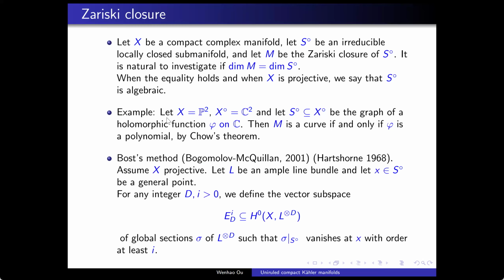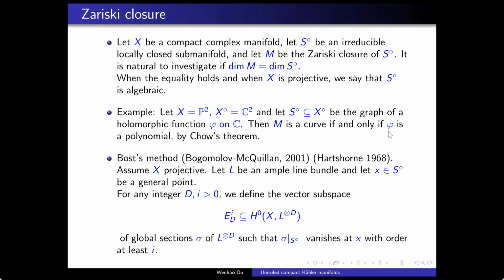For example, I let X equal P2, I let X0 equal C2, and I let S0 be inside this C2 as the graph of an entire function phi on C. Then this Zariski closure of S0 inside P2, M, is a curve if and only if phi is a polynomial, because S0 is a curve.